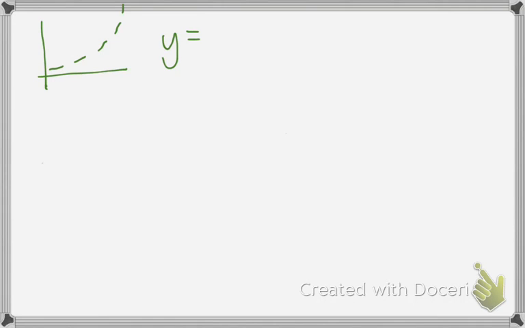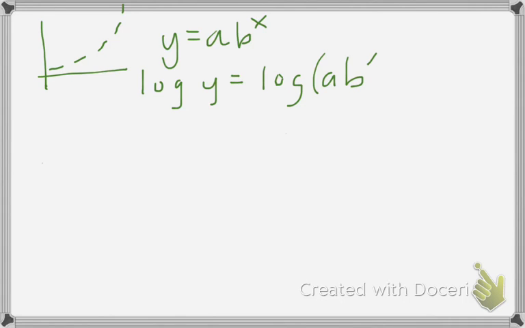So it might be y equals a b to the x. If we take a logarithm of both sides, it's just an operation we could do to both sides of the function. Log y equals log a b to the x.